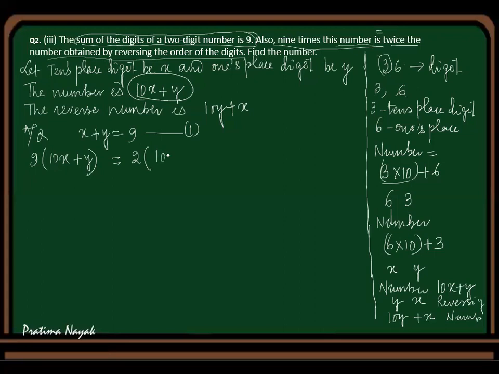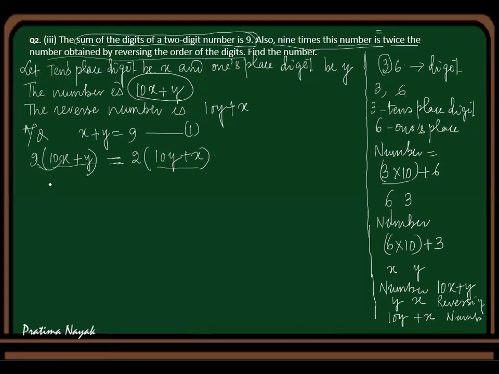So we are getting 10y plus x. This is equation 2.